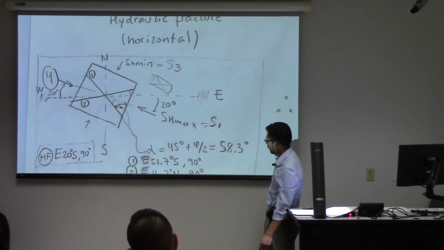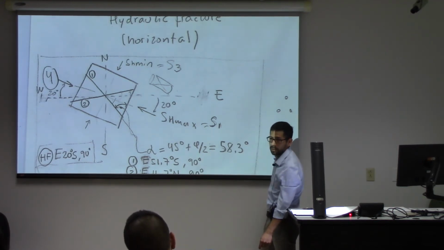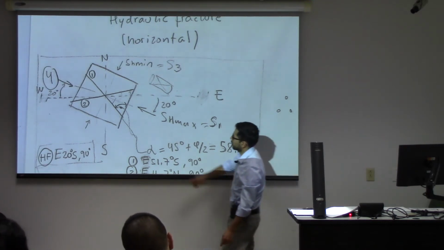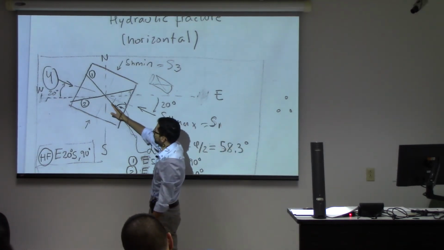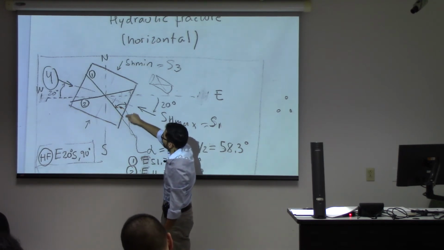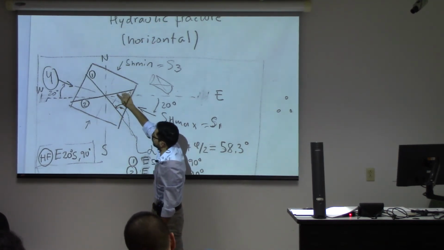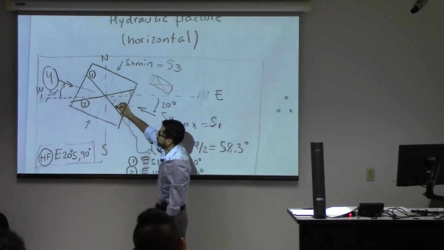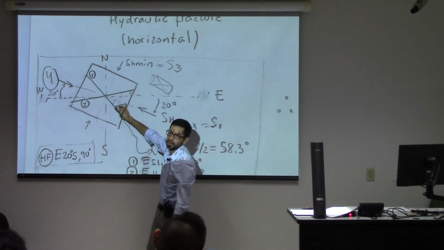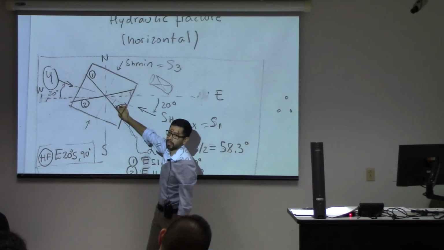That's going to be 31.7, right? So the strike is going to be this angle minus 31.7, this angle plus 31.7. And then just get the strike from there.